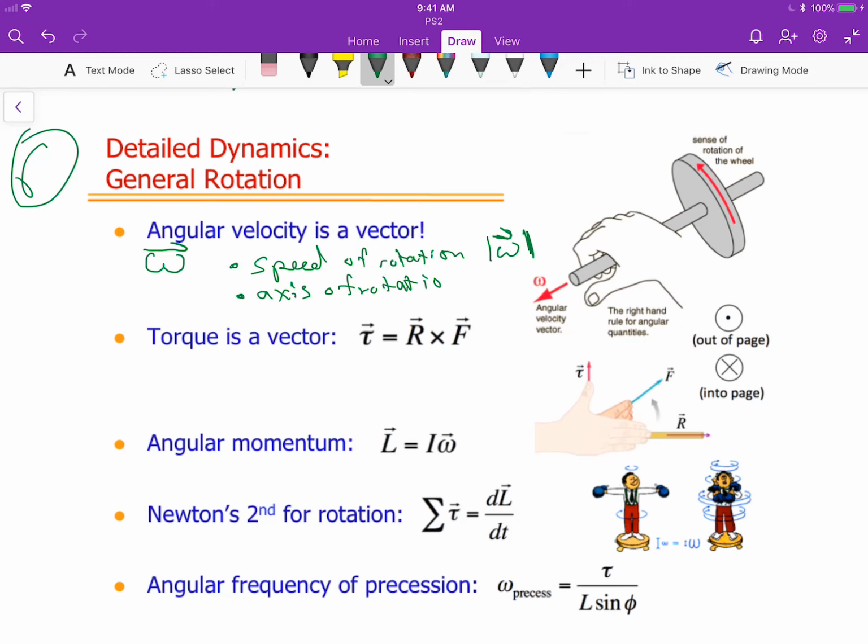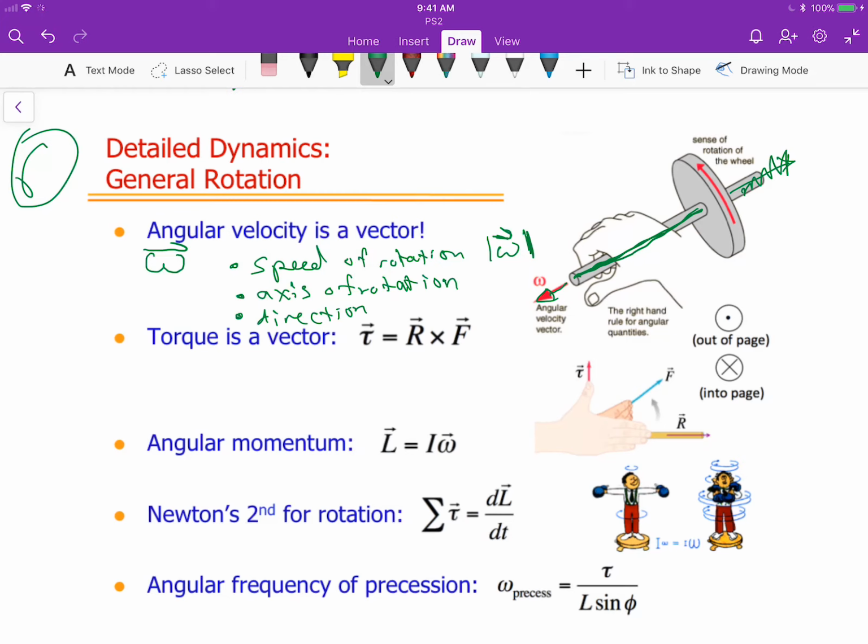For example, for this one, here's our axis. You could look at the direction of the vector, figure out the axis, and also figure out the direction, right? So this vector tells you we're pointing in this direction along the axis rather than that way.